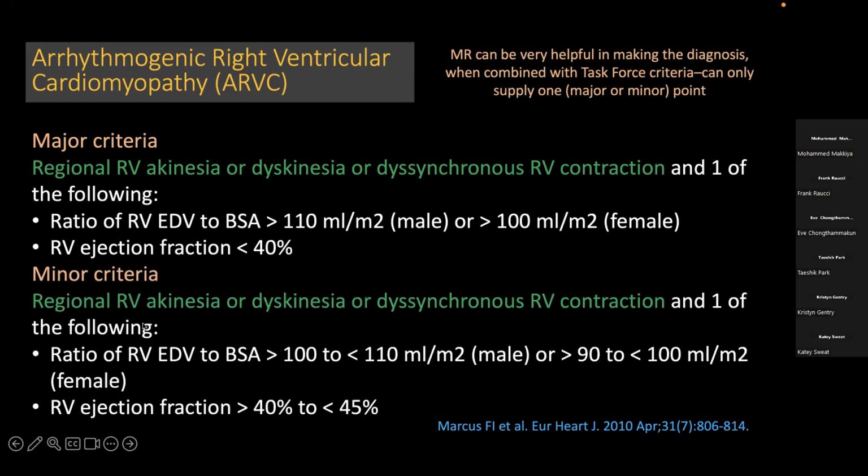It's considered a minor criterion if there is focal wall motion abnormality with slightly milder ratios, like 100 to 110 in men, 90 to 100 in females, or RV ejection fraction between 40 and 45%.